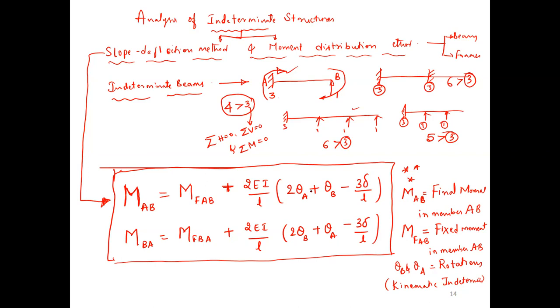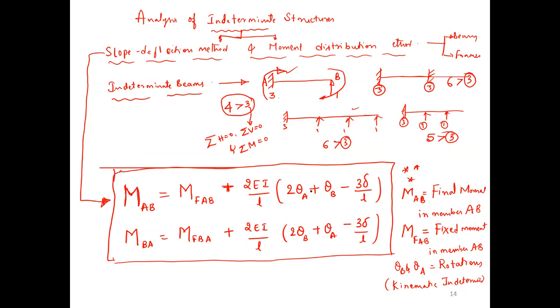You may get a question: slope deflection method or moment distribution method is a force method, flexibility method, stiffness method, or compatibility method, or some other thing. In that case, you have to choose displacement method or stiffness method.